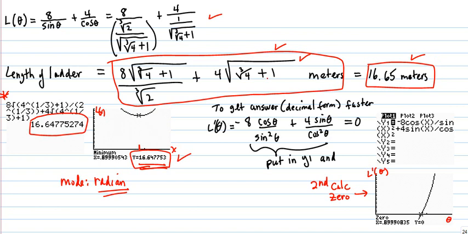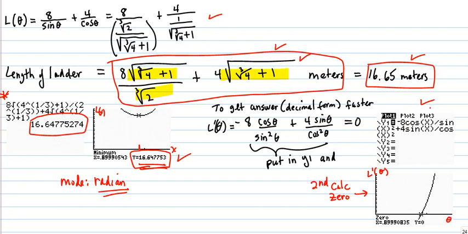Now, let's say you didn't want to go through all that horrible algebra of getting to this number here. I mean, you do have to get to that, and you really should try to do that, and that will clean up all your algebra skills, by the way. But just to verify, you could graph the derivative, which is done over here.